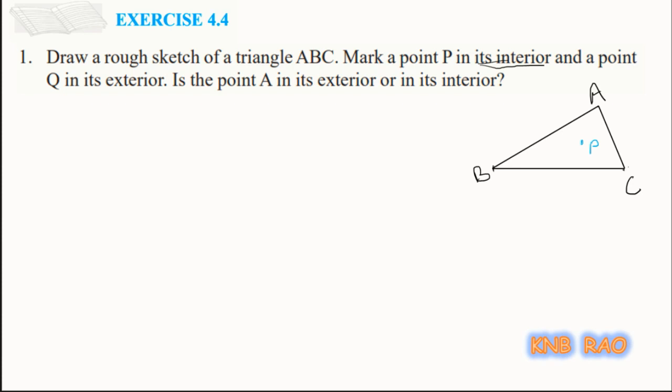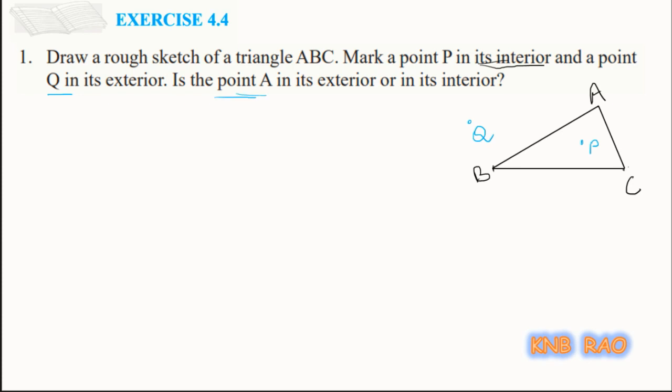And for the exterior, outside of this triangle ABC, you can consider anywhere a point and name it as a point Q. So this point Q is an exterior point of the triangle ABC, and the point P is an interior point of this triangle ABC.